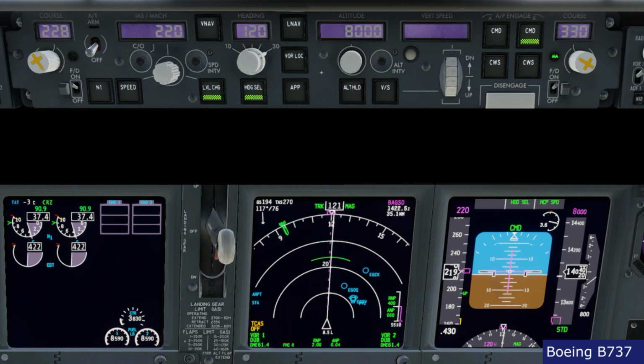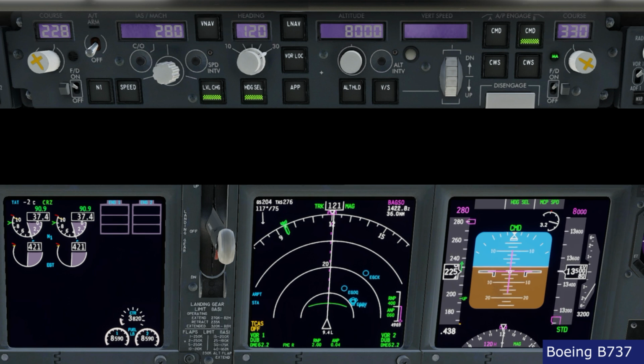The very same way, if I increase the selected speed, for example 280 knots, in order to have an increased speed the aircraft has to pitch further down, therefore further increasing the vertical speed in order to lose more altitude, gain airspeed and reach 280 knots. So we're trading altitude for speed in the end. That's the conservation of energy between altitude and speed.